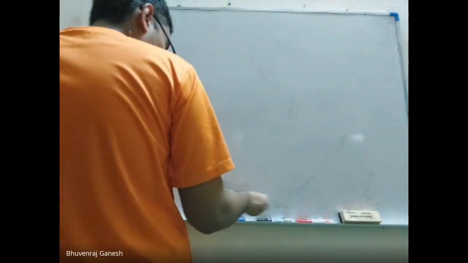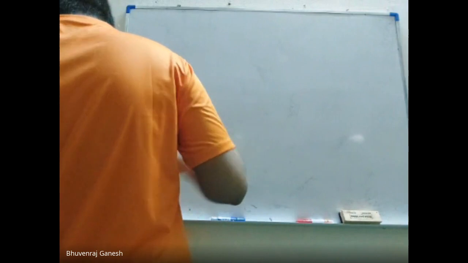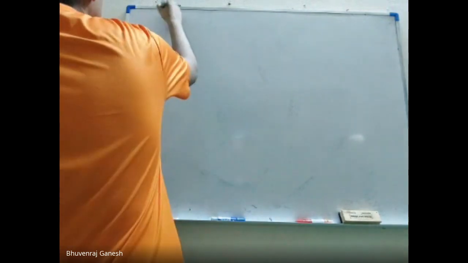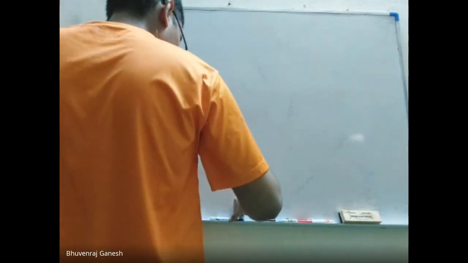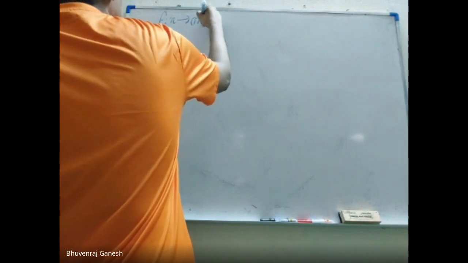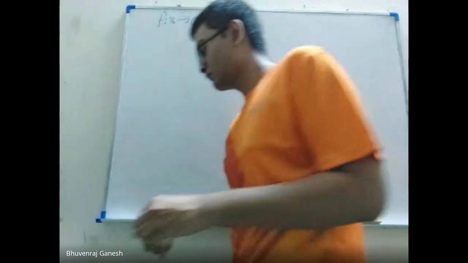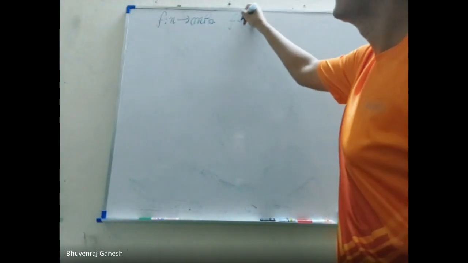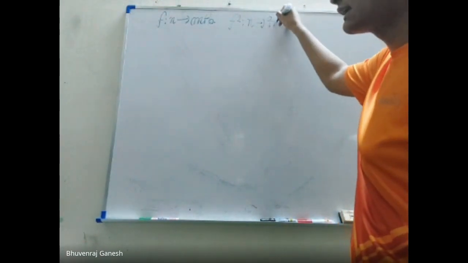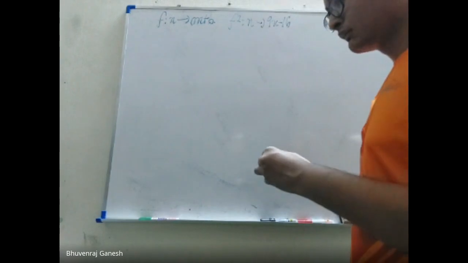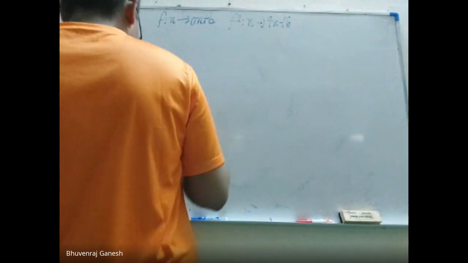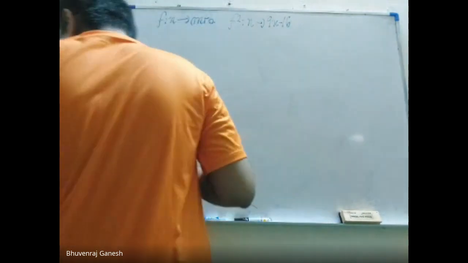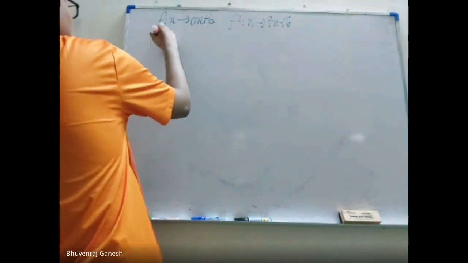So let's say I have f(x) is ax plus b and f squared of x is 9x minus 16. The question is, find the values of a and b.